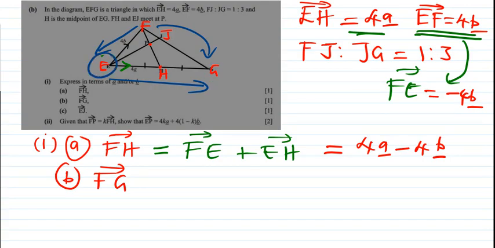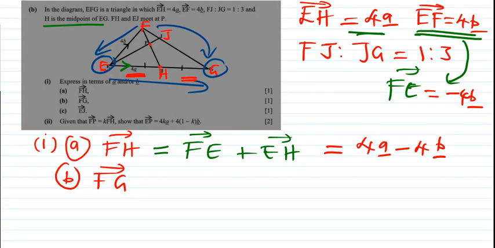No, we don't know, but we know all the way up to H, which is 4A. Now there's an important statement in the question where we were told H is the midpoint of EG. So if H is a midpoint, and from E to H is 4A, what do you expect the other half to be?